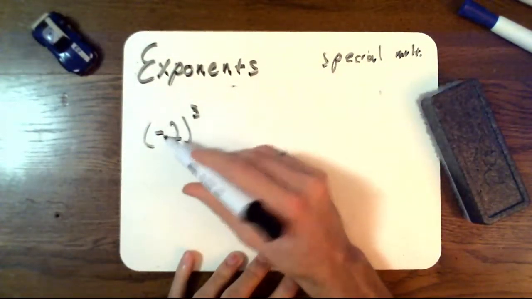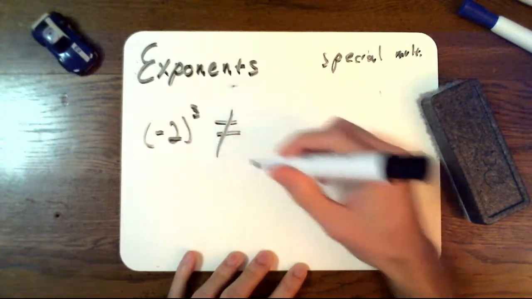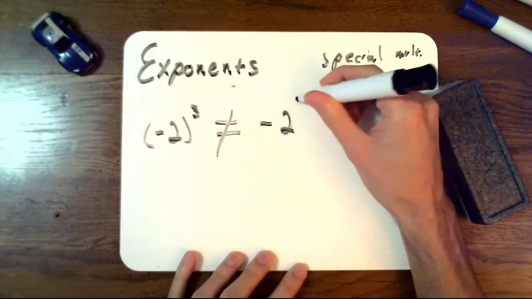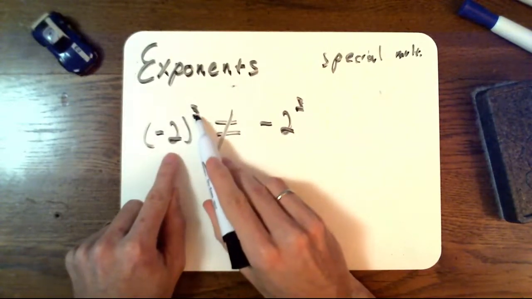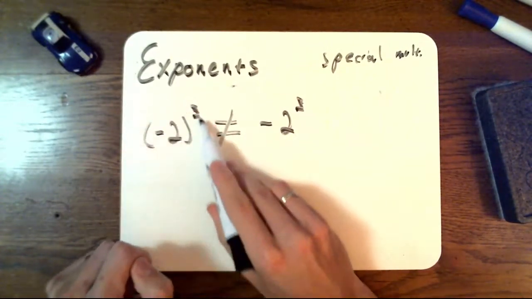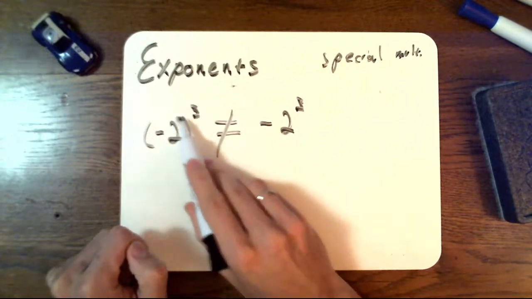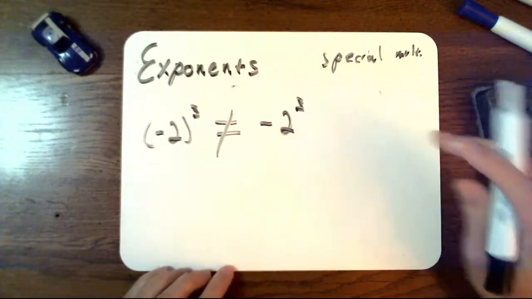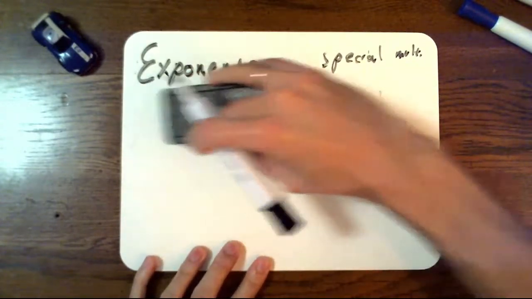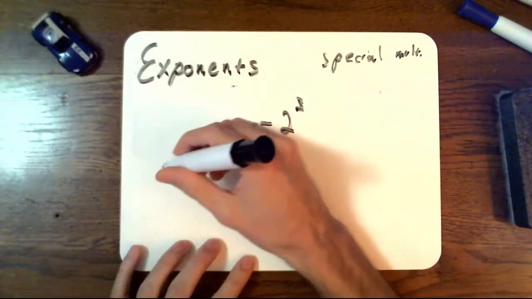What's the difference between this, and I'm going to put is not equal, and this? Well, in this one, that 3 is taking into account everything that's inside of the parentheses, where here the 3 is only on this 2. So how can we expand this one?